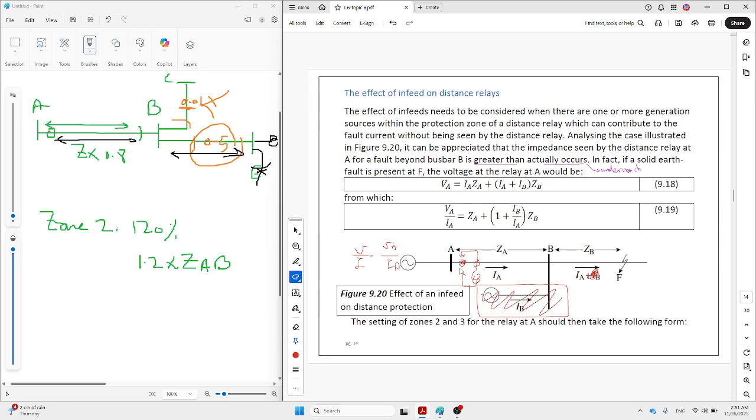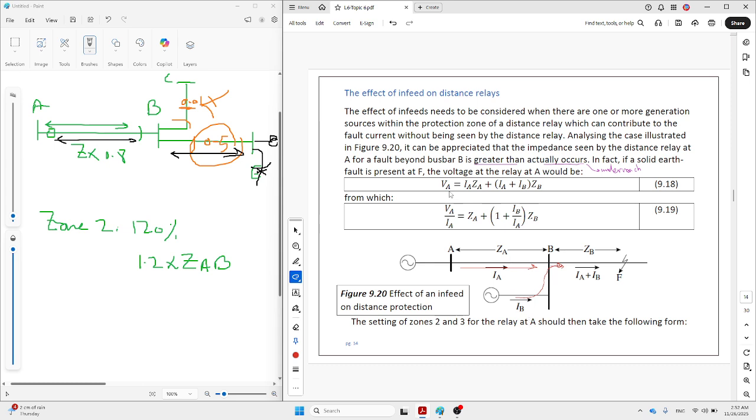But if we add this relay, up to this point the only current is IA, but after this point, IB is also added to this current, correct?